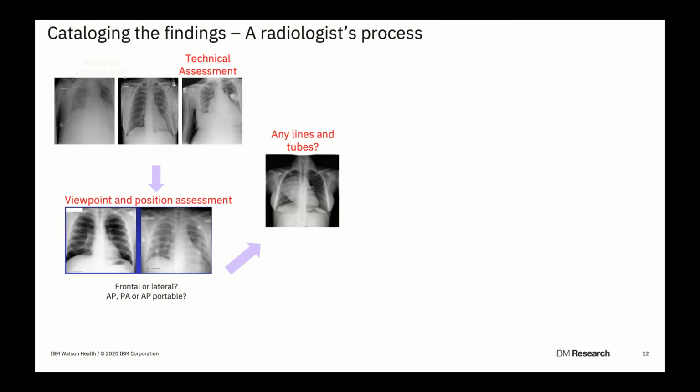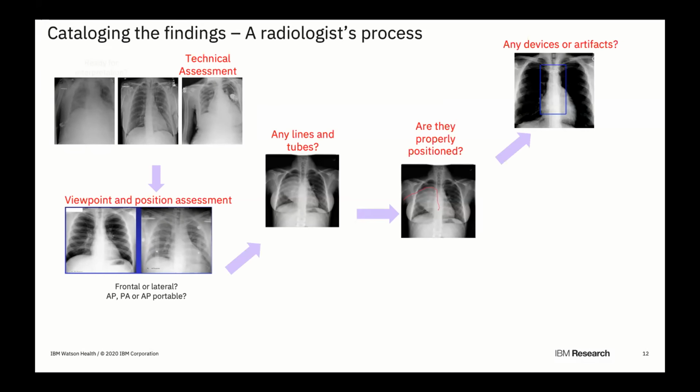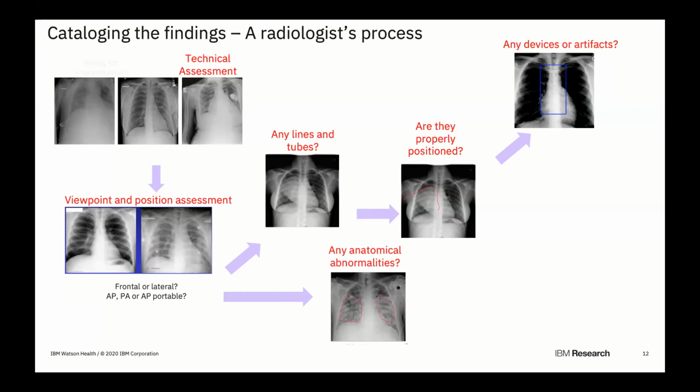And if it's an in-hospital image, then one of the tasks is also to see if there were any tubes and lines inserted and whether they were properly positioned, and if there were any device artifacts such as sternotomy wires or pacemakers that need to be described as well.